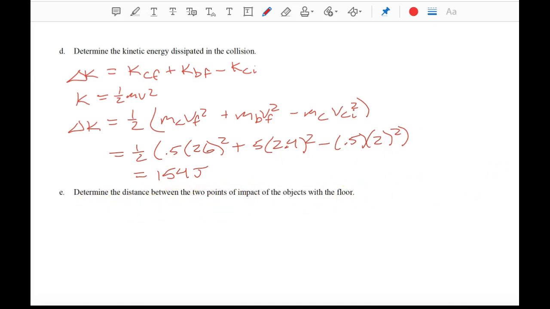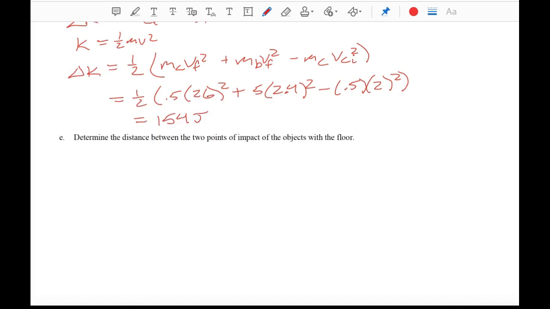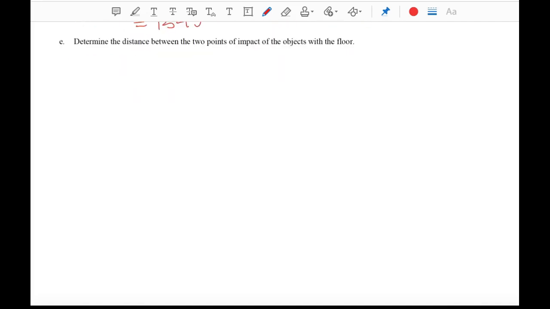Next thing they want us to do is determine the distance between the two points of impact of the objects on the floor. So this is a real stretch. Here we go. We know that our kinematic equation is the change in position, so the change in y should be equal to the original speed in the y times t plus 1/2 of gravity times time squared.